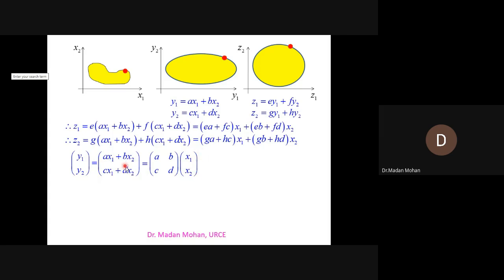You can observe that when you write these two chips side by side, the output should be AX1 plus BX2, and CX1 plus DX2 is the output. I have given this instruction to my machine.